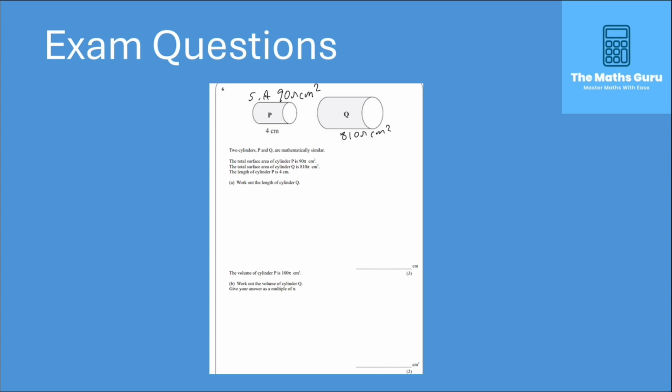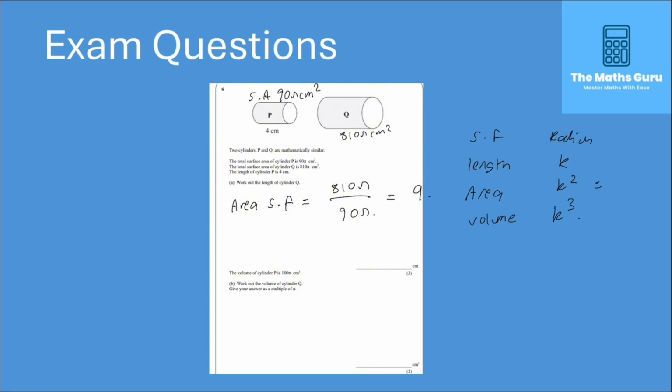So the way we do this is to work out our area scale factor first. So area scale factor is equal to 810 pi over 90 pi. So we get our area scale factor to be 9. And remember, we have our length, area, and volume as a ratio of k, k squared, and k cubed.